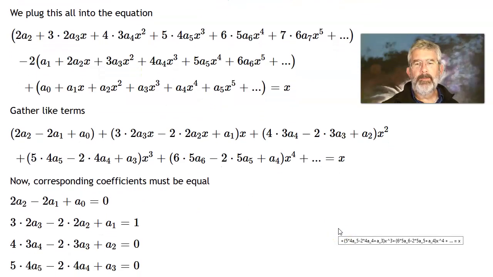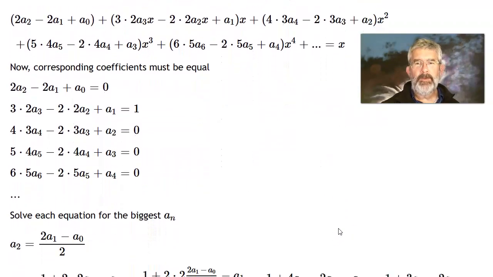So when I equate corresponding coefficients, the constant coefficient has to be 0, the linear coefficient has to be 1, the quadratic coefficient has to be 0, the cubic coefficient 0, and all the rest of them are 0. It's a little bit different than the homogeneous case where all of these were set equal to 0. In this case, one of them has to be a 1.